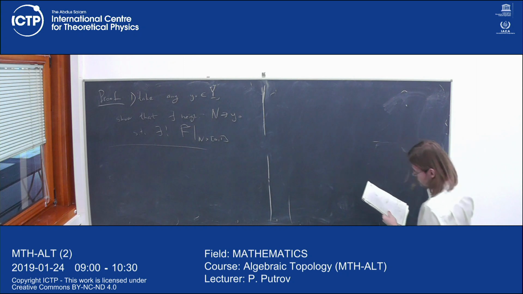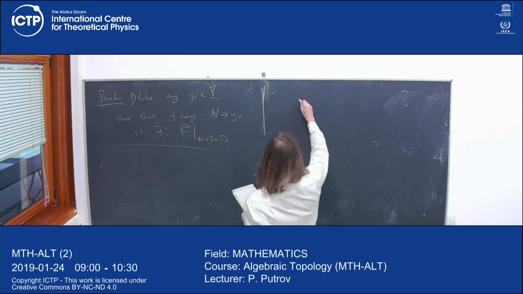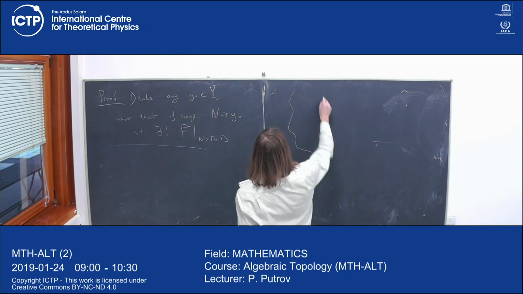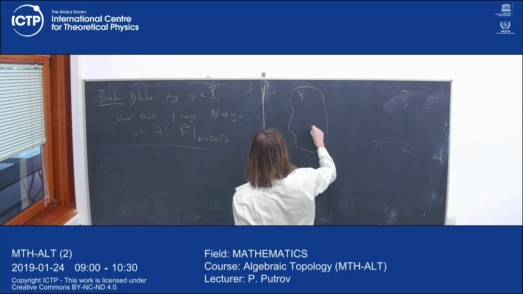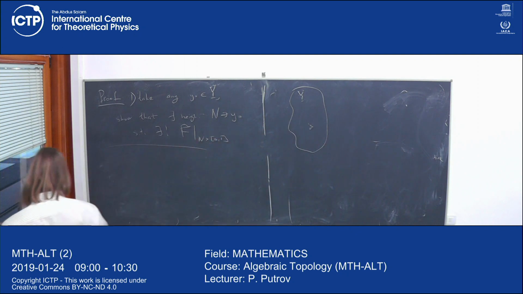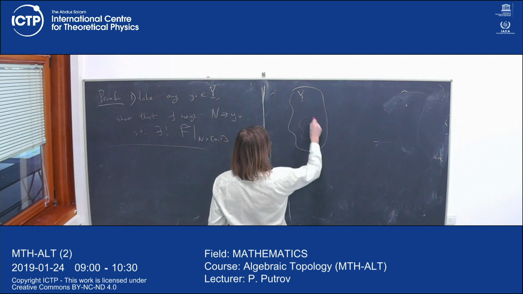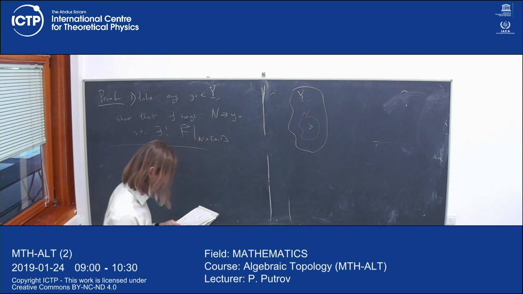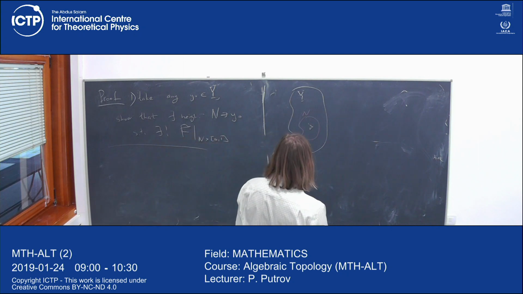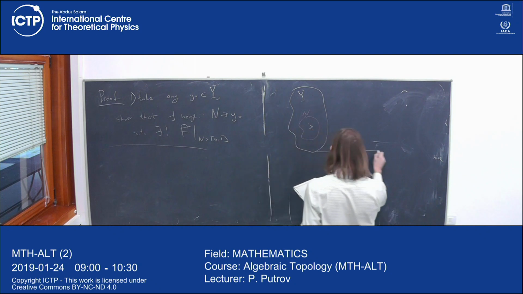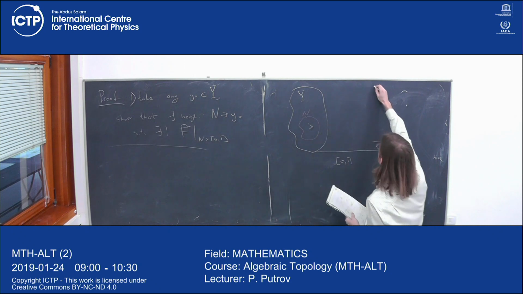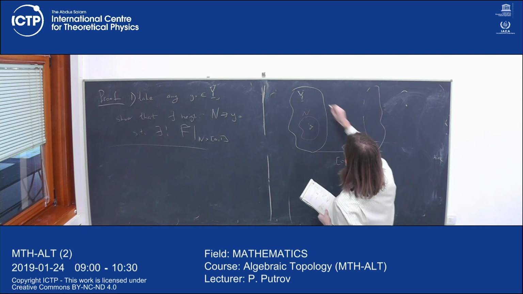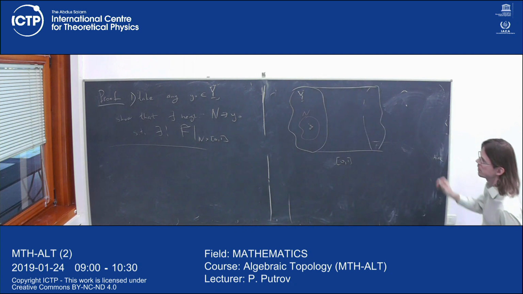Let me try to draw something here to make it more clear. So suppose I have some space Y, some point y0, some neighborhood N, and then I have y0 times the interval, so the product roughly speaking looks like this, and this is pretty schematic.